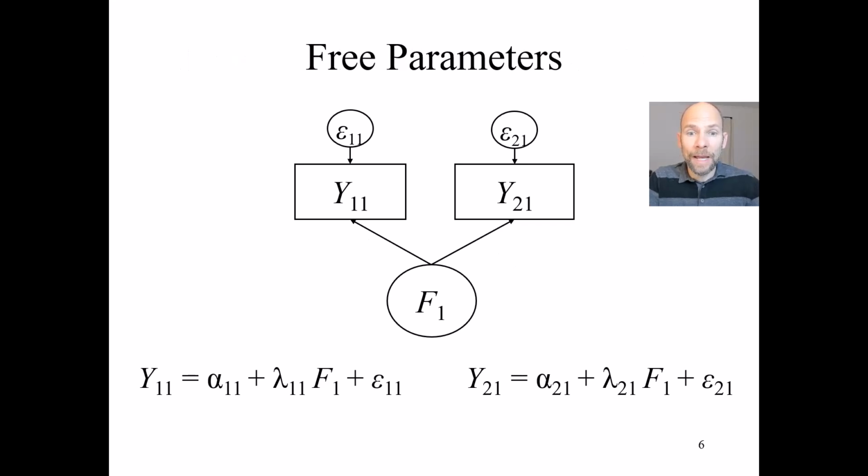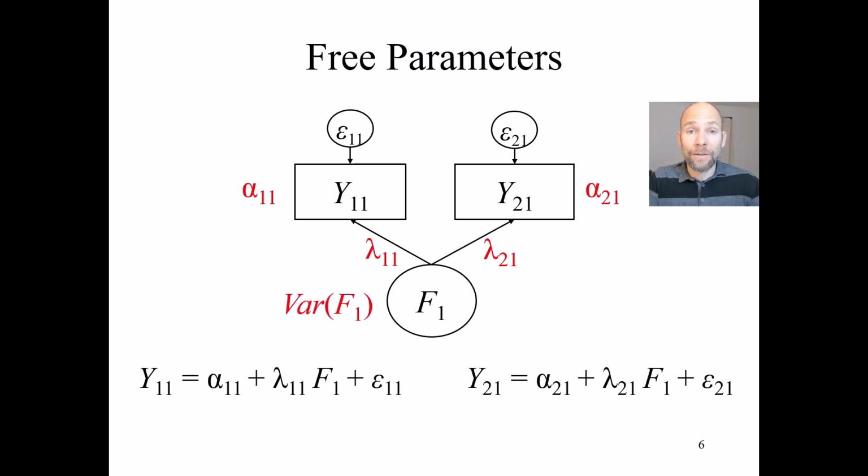In this model, we have obviously the two factor loadings as unknown parameters, lambda 11 and lambda 21. Those are regression coefficients and they are not previously known, so we would want to estimate them. We have the intercept parameters or additive constants, alpha 11 and alpha 21.